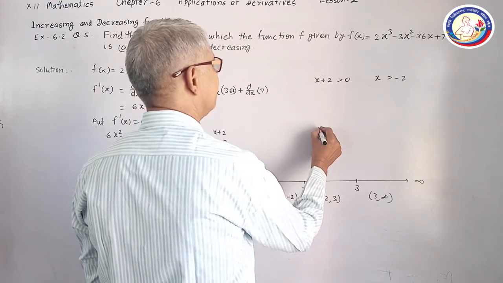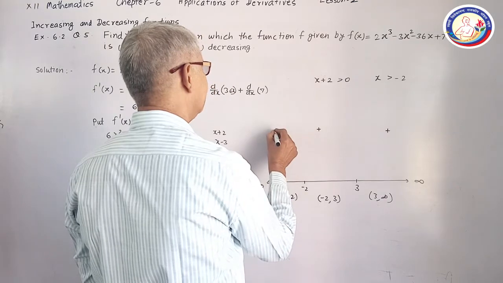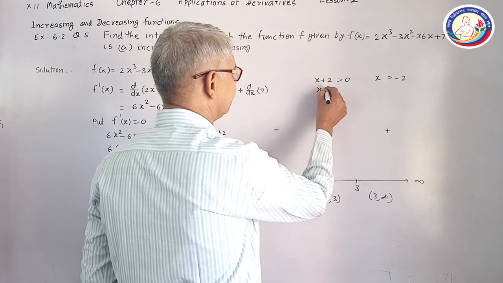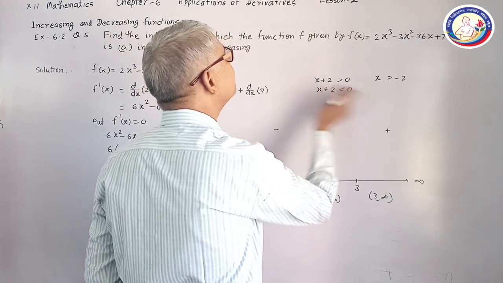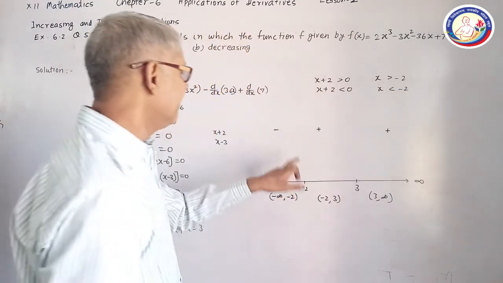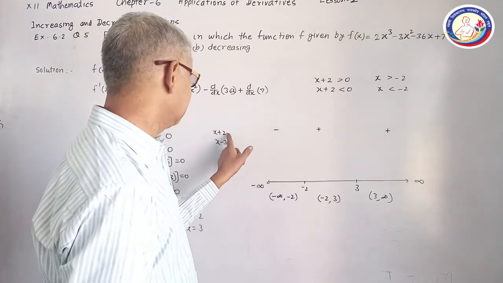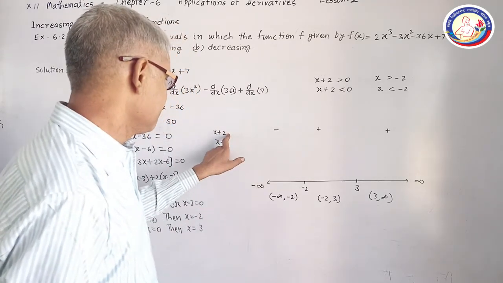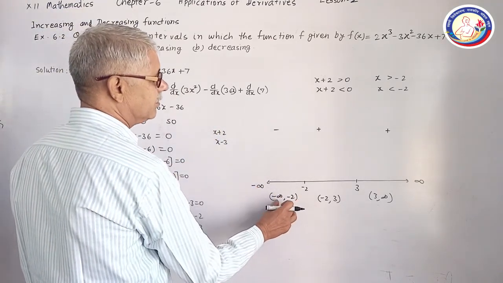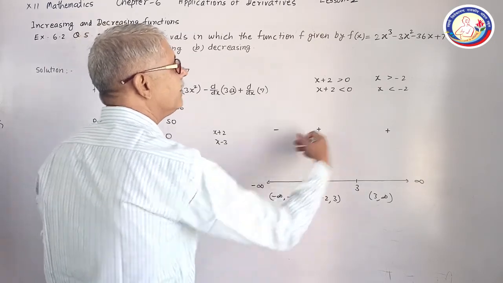So x plus 2 is positive in this part and in this part, and will be negative in this part. If we take x plus 2 less than 0, it means negative, then x is less than minus 2, and at minus 2 it will be 0. So this is the nature of the factor x plus 2. It will be negative from minus infinite to minus 2, at minus 2 it will be 0, and again it will be positive.